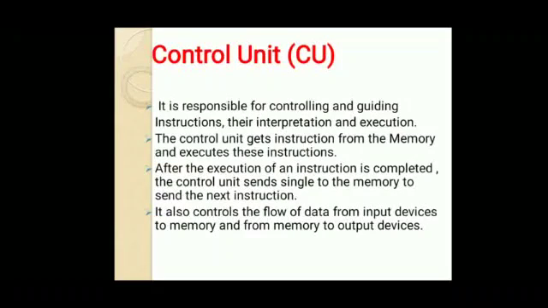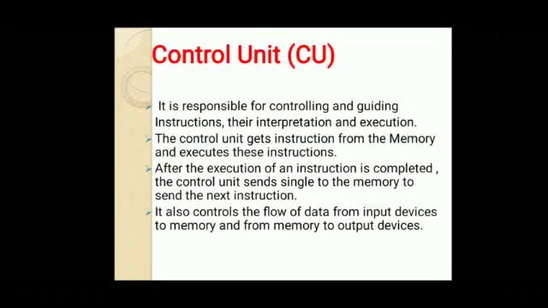The control unit gets instructions from the memory and executes them. From whom is the control unit getting the instruction? From memory. After the execution of an instruction is completed, the control unit sends a signal to the memory to send the next instruction. Then once one instruction is completed, the control unit calls the next instruction.